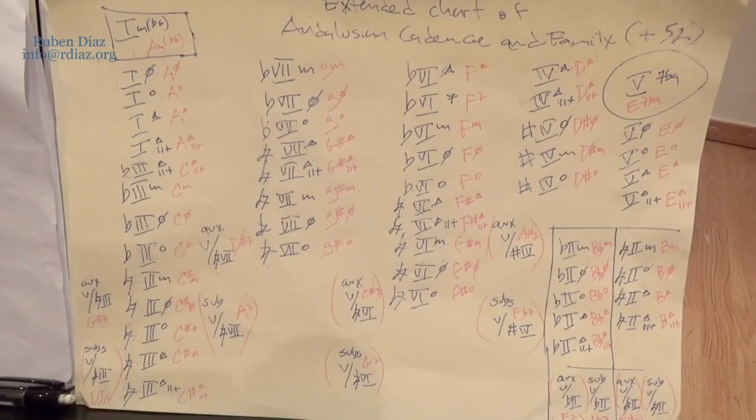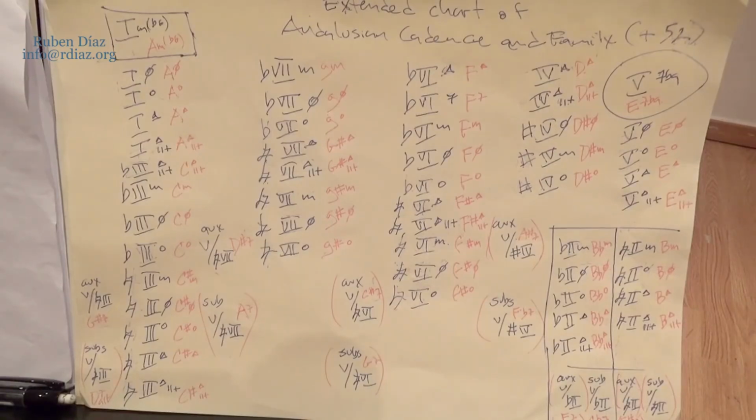So again, we have first minor, auxiliary 5th of the flat 7, and then we have flat 7 minor, then we can have the 4 minor, minor 7 flat 5, and then 2 5th 7 flat 9.